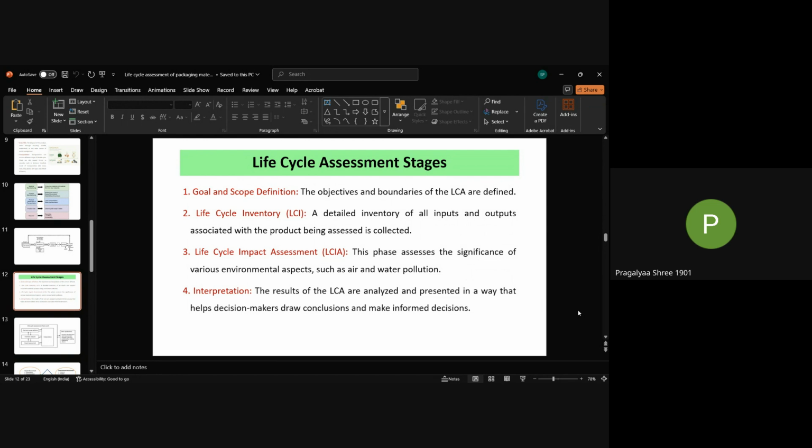Then life cycle inventory is where we collect all the data related to the inputs and also outputs, packaging material. Then life cycle impact assessment involves the significance of environmental impact, so land or water or air, what impact it is going to create. Then collectively we are going to interpret. Based on this, we can interpret whether it can be disposed of, incinerated, or recycled.